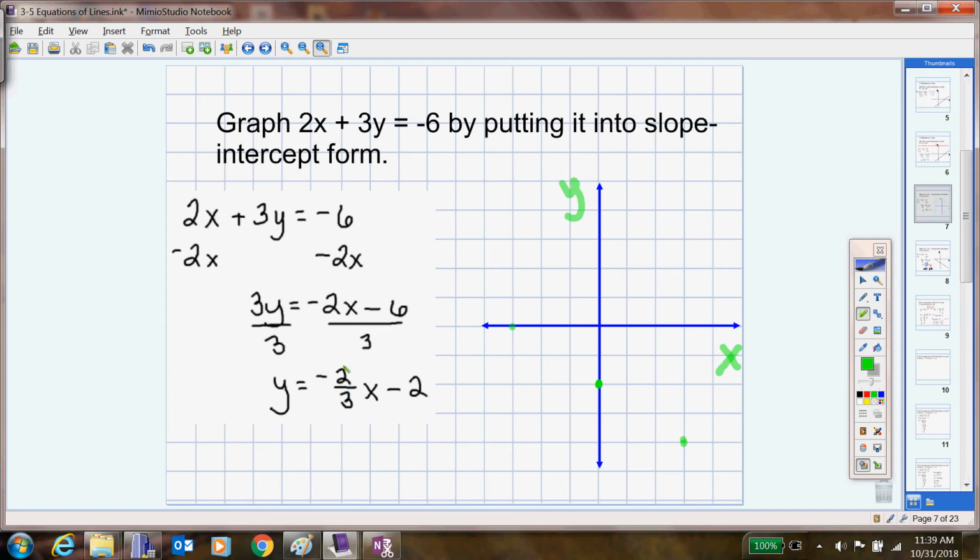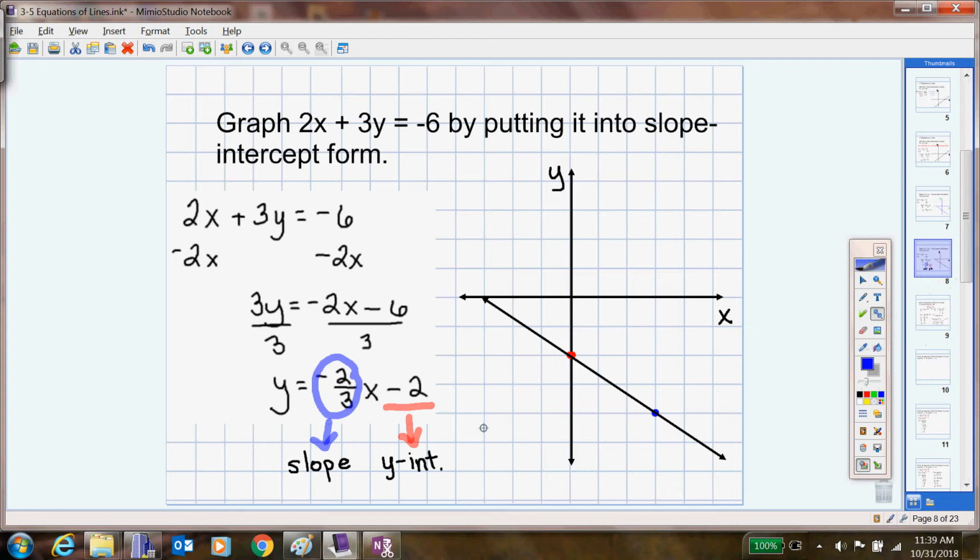So you could have it being up 2, left 3. And then you make sure that you draw your very nice line that connects all of them. And so you've got your graph right there like that. The y-intercept is the -2 and the slope is -2/3. So if you need to write that down.